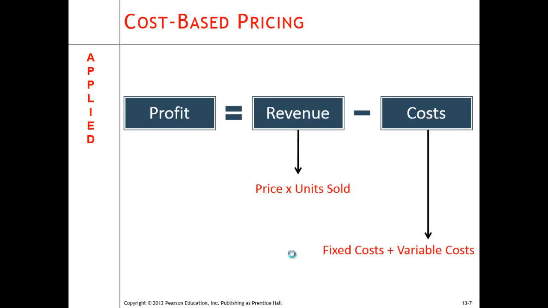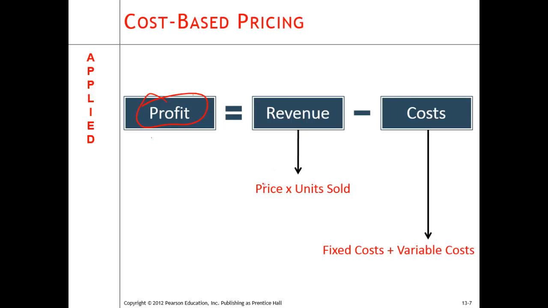Another important factor that contributes to a firm's pricing strategy is the cost to produce or acquire a product. A firm's goal is to make a profit, and profit is the difference between the revenue and the cost of a firm.